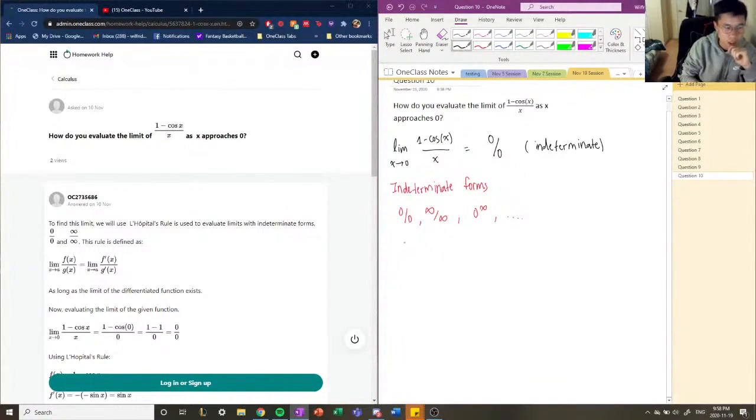L'Hopital's rule can be used to calculate these kinds of limits.